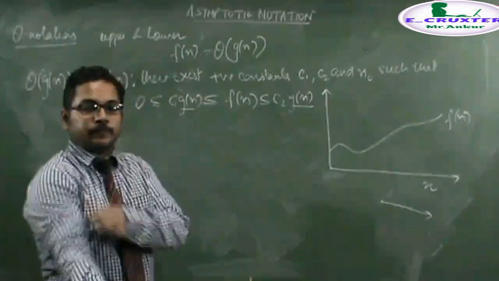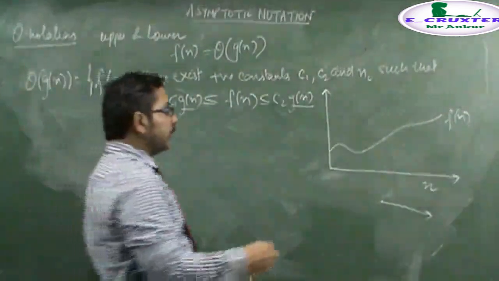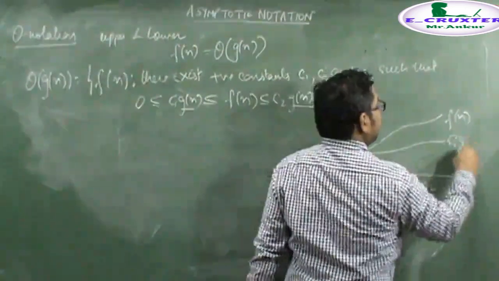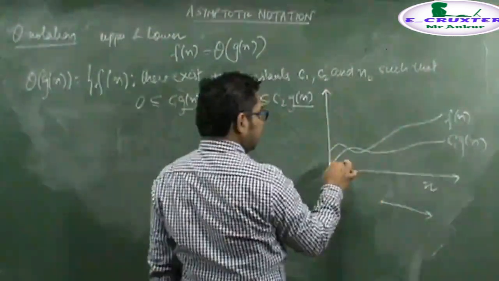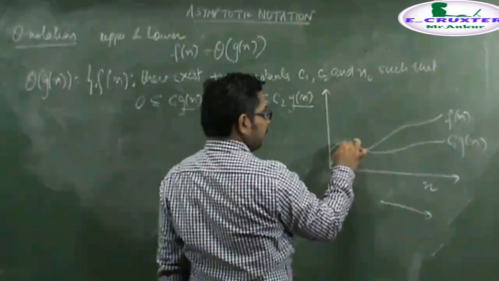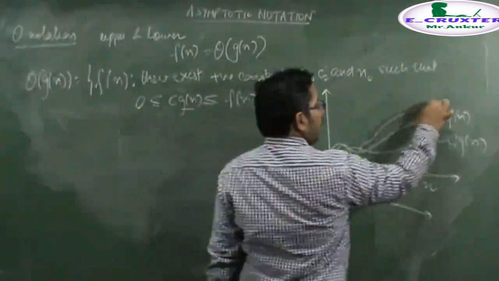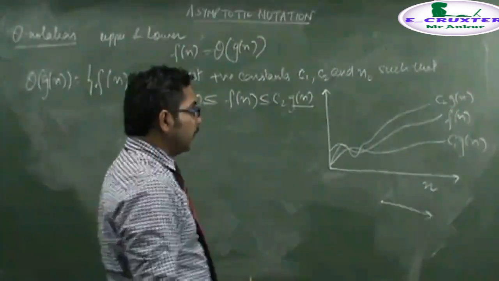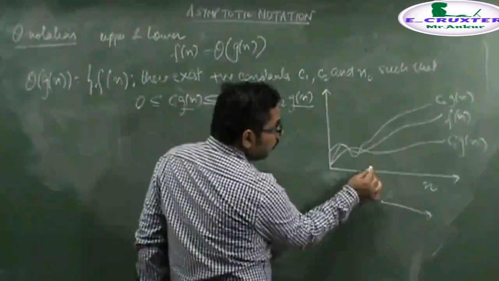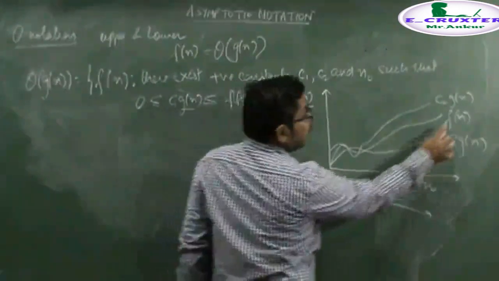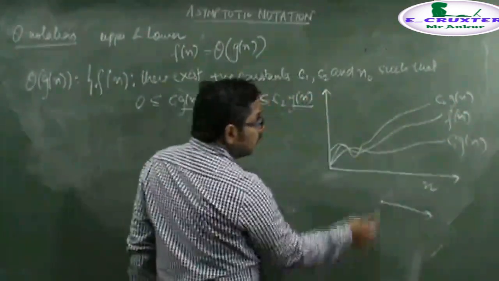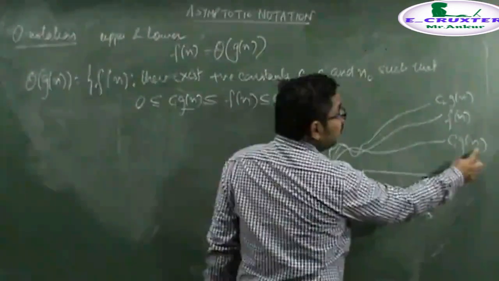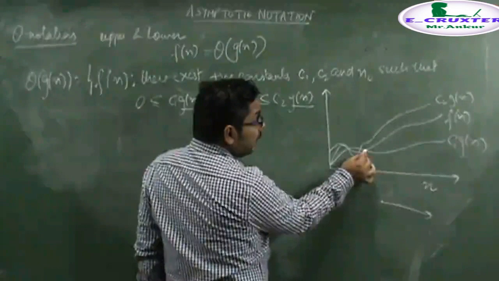Then you will notice that when I multiply g(n) with C2, it is acting as the upper bound, and when I multiply g(n) with C1, it is acting as the lower bound.